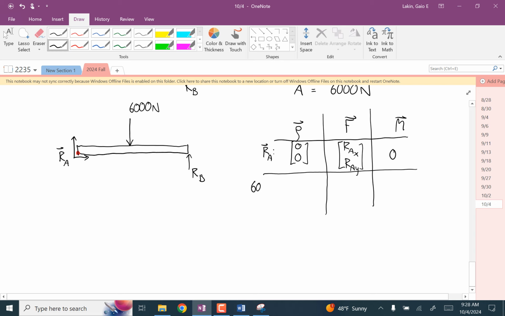The 6,000 Newton force is at 1, 0. I'm not messing with the height of this at all because that's just a downward force, so we can put it at any height without changing the problem. The force is 0, negative 6,000. And so the moment is negative 6,000.